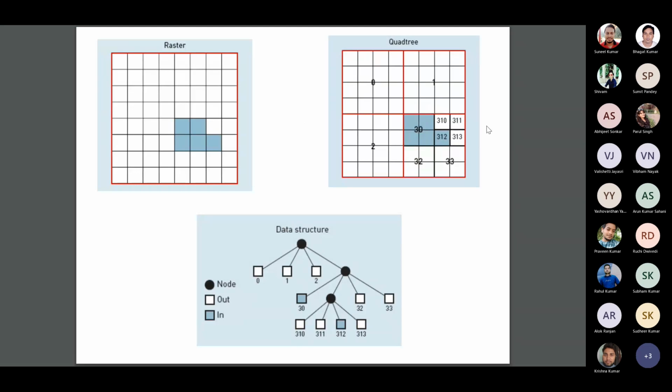How will you do this? You will recursively divide the space into quadrants until all the values inside a quadrant are the same. This is what the procedure is. So if you see this recursive division, in the very first step, in quadrants number 0, 1, 2, all the values are the same, but in the fourth quadrant, quadrant number 3, the values are different.